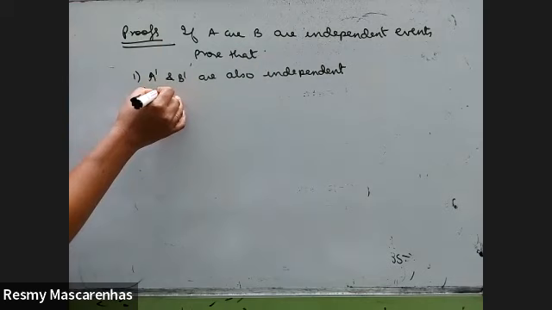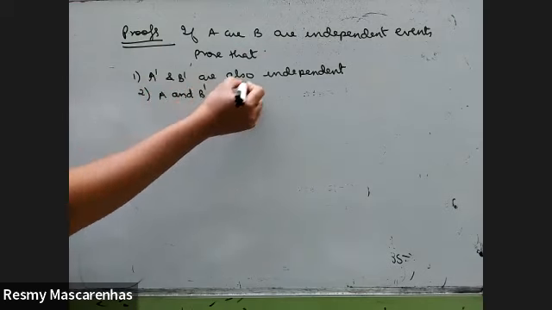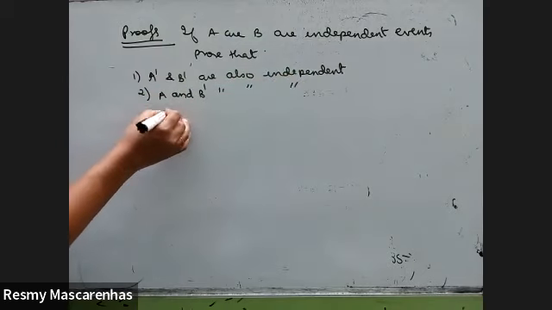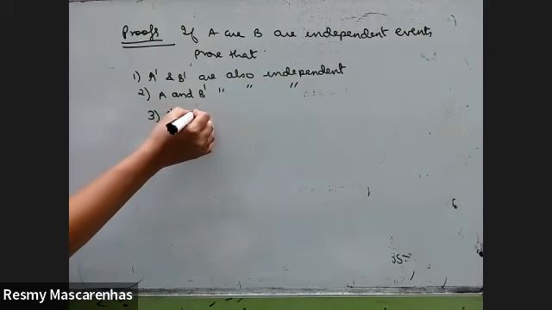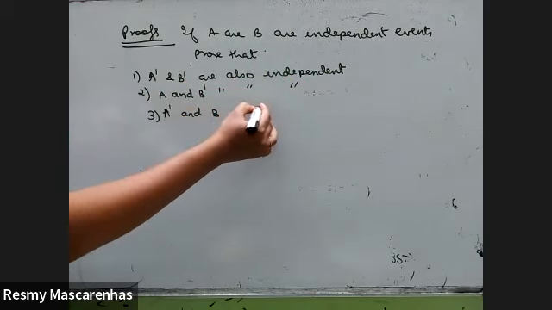Second, A and B dash are also independent. Third one, A dash and B are also independent.